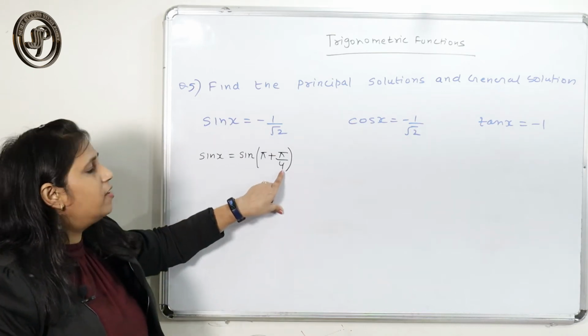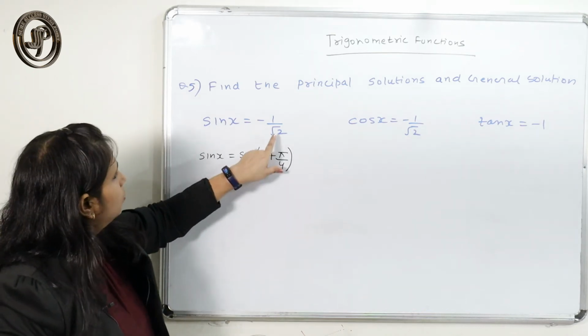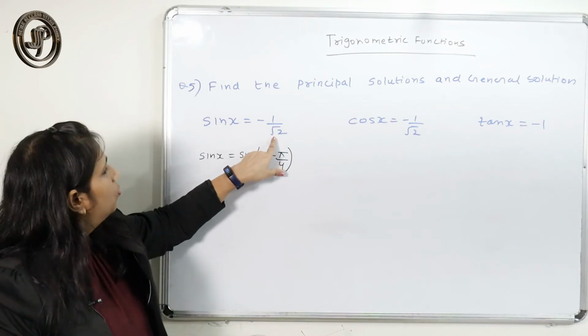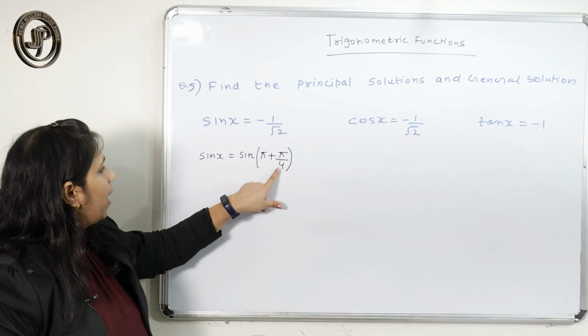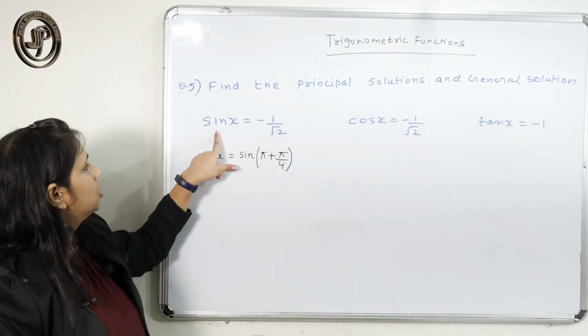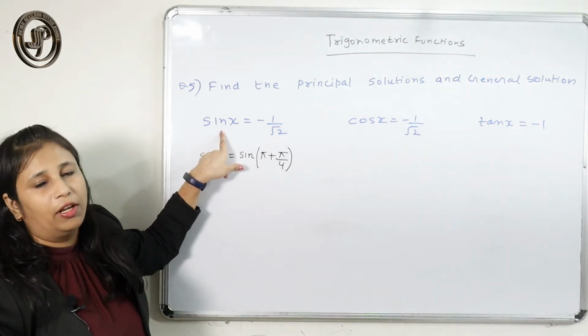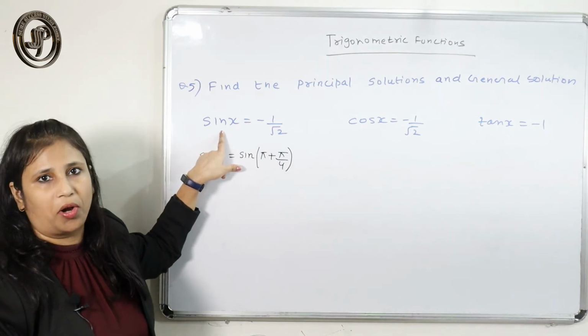This pi by 4 has come because of the 1 by root 2 value. Why have I taken pi plus? Because sine is negative only in the third quadrant.